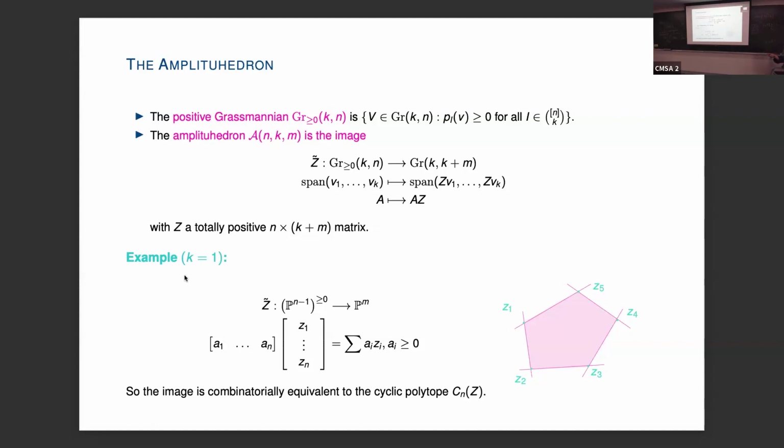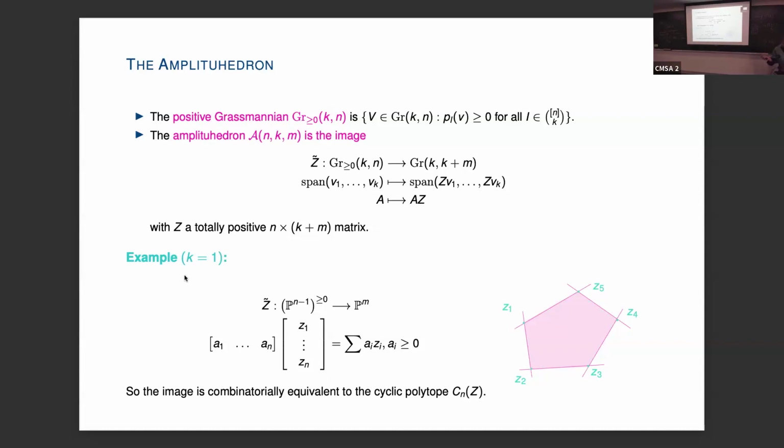So here we have a point (a_1, ..., a_n), where all of these are non-negative. And then we multiply by our matrix Z, with rows z_1 to z_n. If we just multiply it out, it's the sum of the a_i z_i, where all the a_i are non-negative.